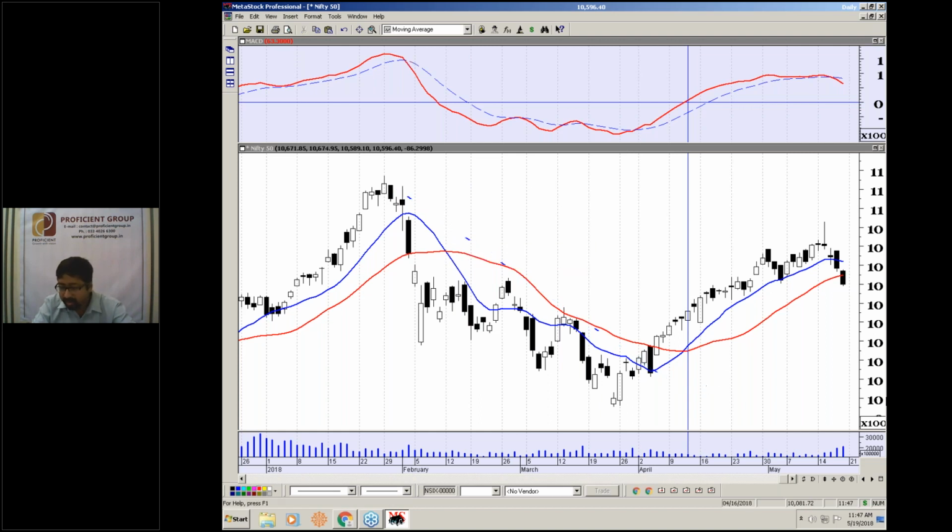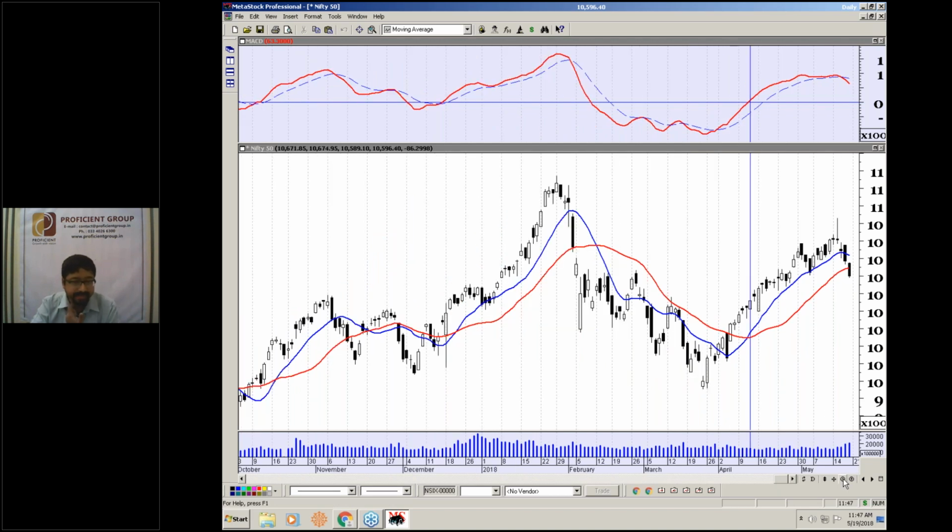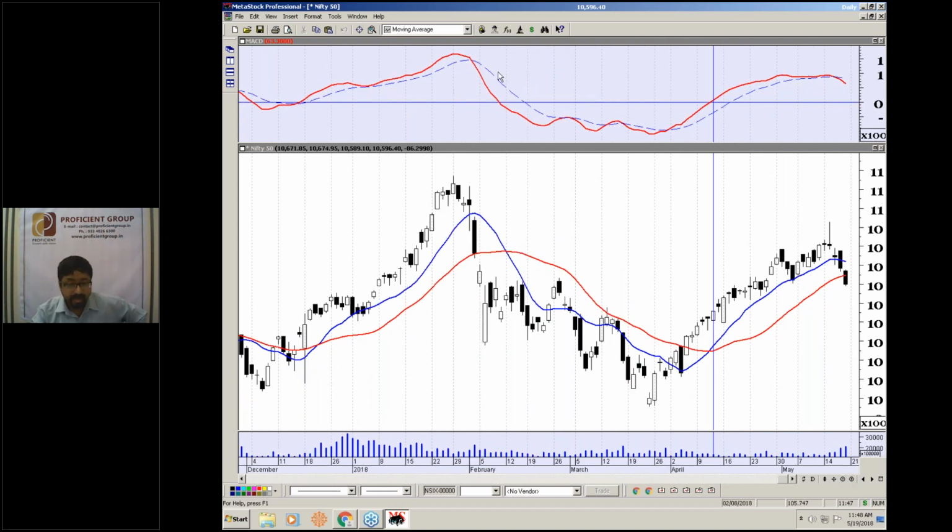And what kind of signal do we get from the MACD line? Now, there are 3 kinds of signals that we can get from MACD lines. First is a normal crossover between the MACD line and its trigger line, which is the red MACD line and its blue trigger line.